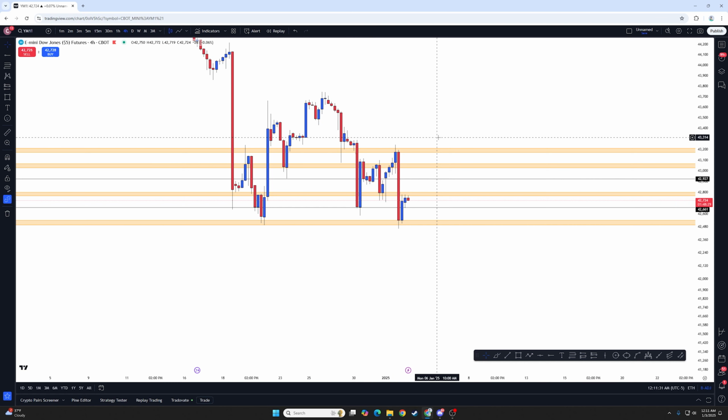Typically when you have a big drop, price will retrace the majority of the time at least 50% of the move, which is a very high percentage from what I've seen in my time in the markets, if not a little bit more.